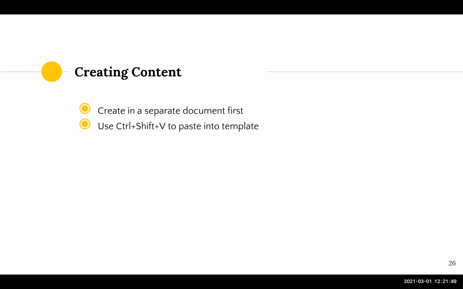So when you are pasting from your Word document into the HTML editor, you need to use the buttons Control, Shift, and V at the same time to paste copied text as unformatted text in the HTML editor. You can also right-click with your mouse and a drop-down menu will come up and you can paste as unformatted text.